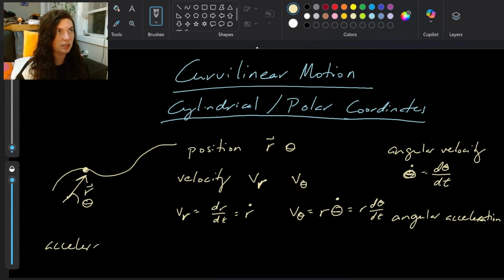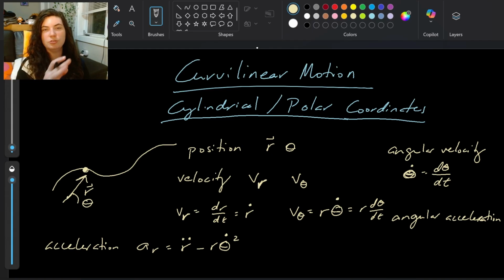Which means we have one other relationship here, our acceleration, which is the derivative of our velocities. In the radial direction, a_r is the second derivative of the radius, r double dot, minus the radius times theta dot squared. Where these come from are chain rule derivatives, since both r and theta are variables.